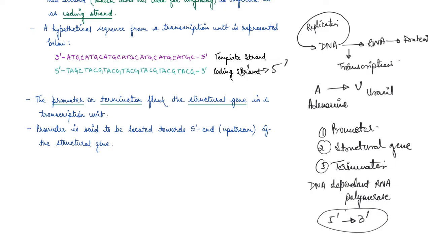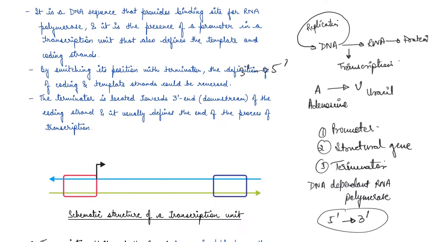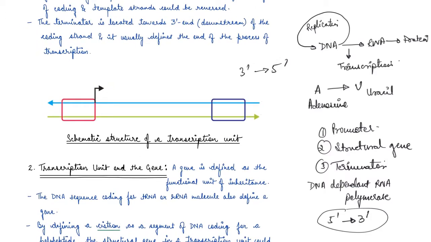If I show you the diagram as well, this is a transcription unit, right? Now say this goes from 3' to 5' and this goes from 5' to 3'. It means that this 3' to 5' is the template.